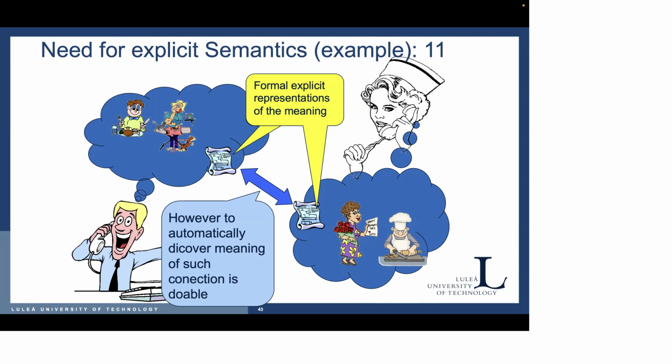And what was attempted, and that was the core idea, back in the end of the 90s, beginning of 2000s, with the semantic web, is to approach this problem by explicitly representing meaning and making it available in a global context for communication between different parties.